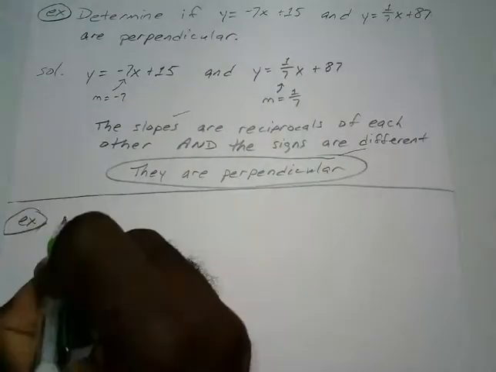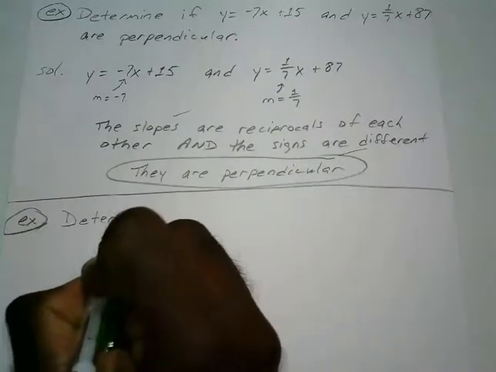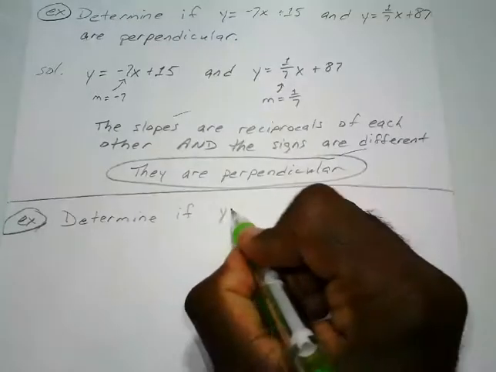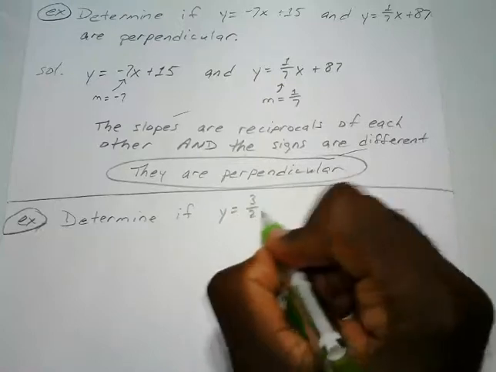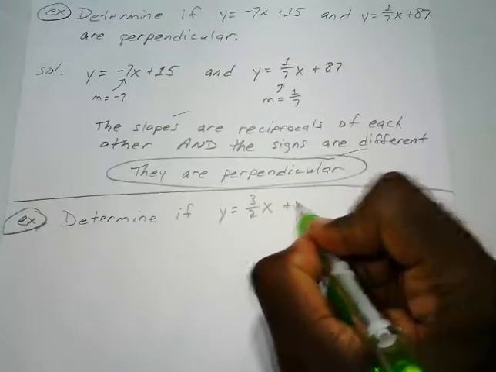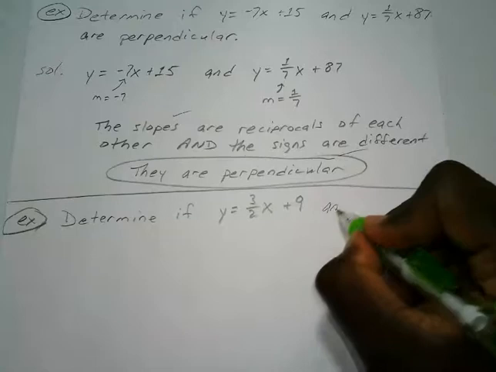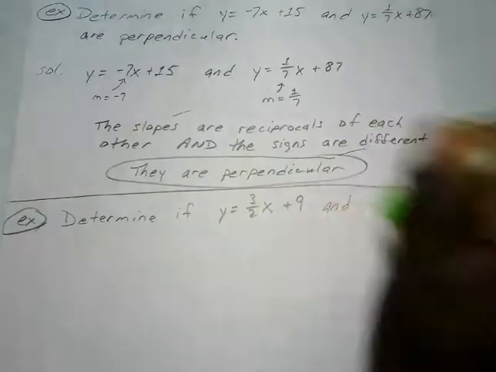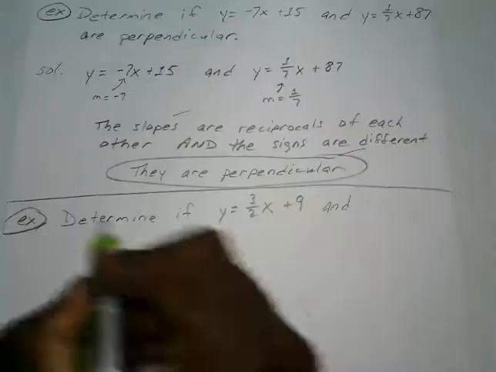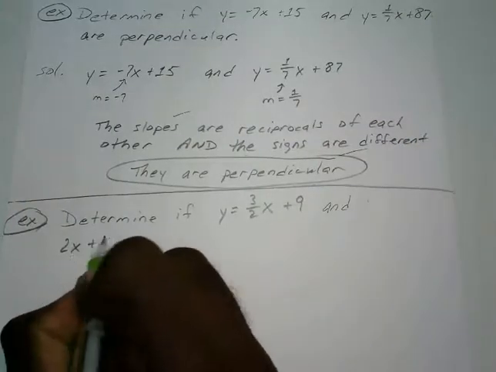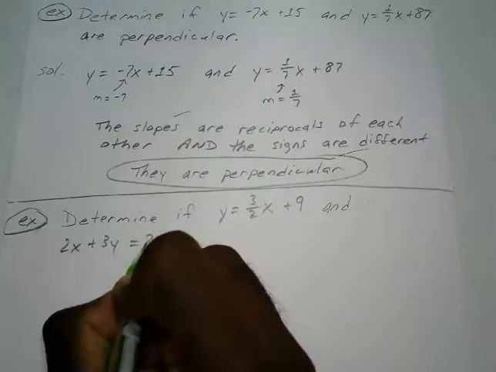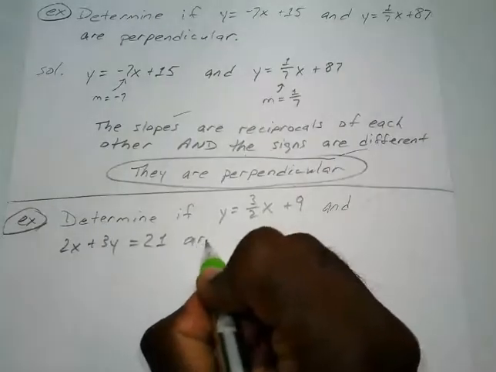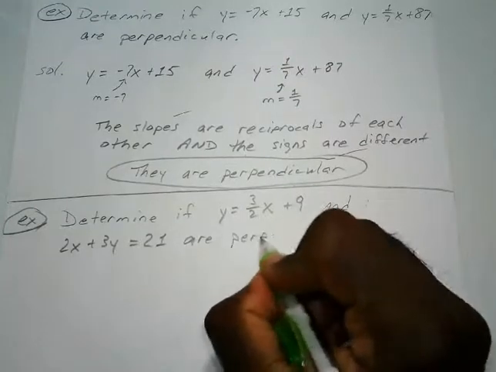Now what if we wanted to determine if y equals 3 over 2x plus 9 and, let me mix it up a little bit, 2x plus 3y equals 21 are perpendicular.